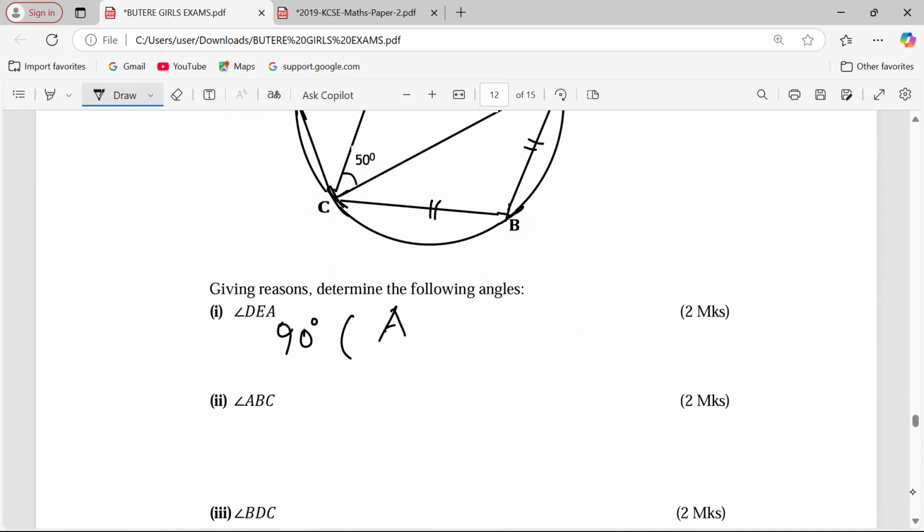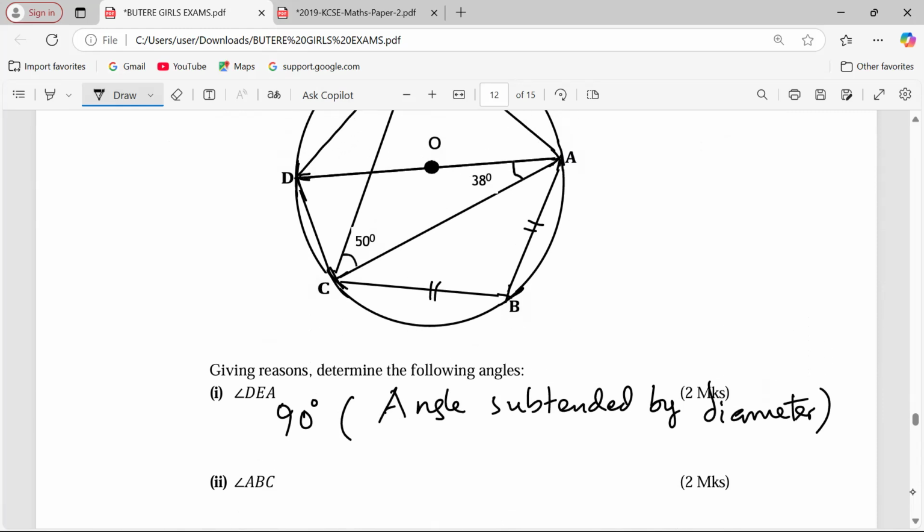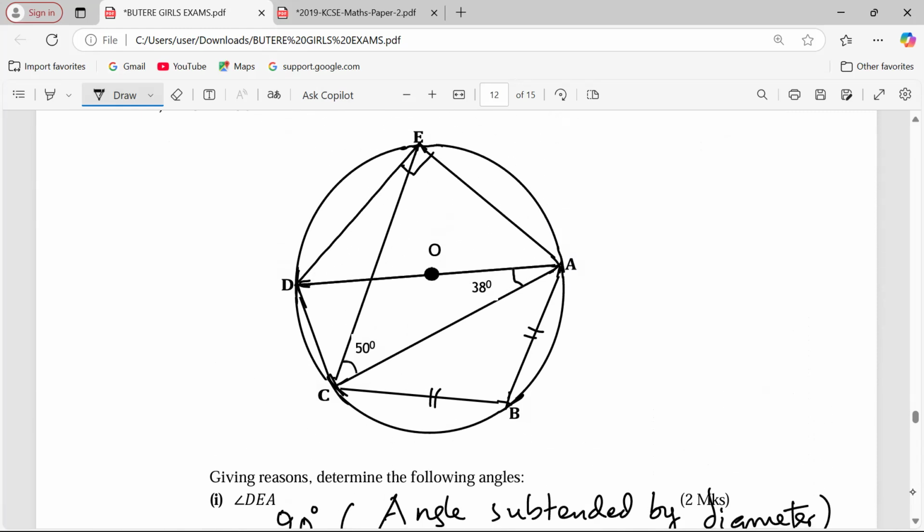Reason: angle subtended by diameter. So angle subtended by diameter to the circumference is usually 90 degrees that way. So we have 90 degrees at that point.